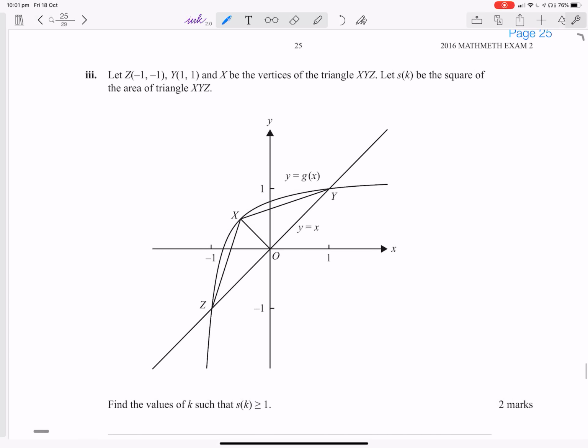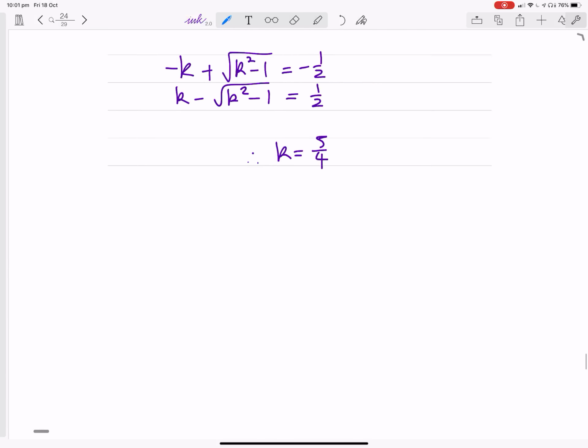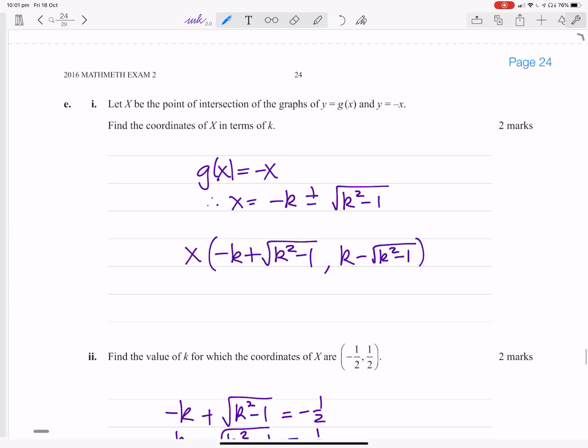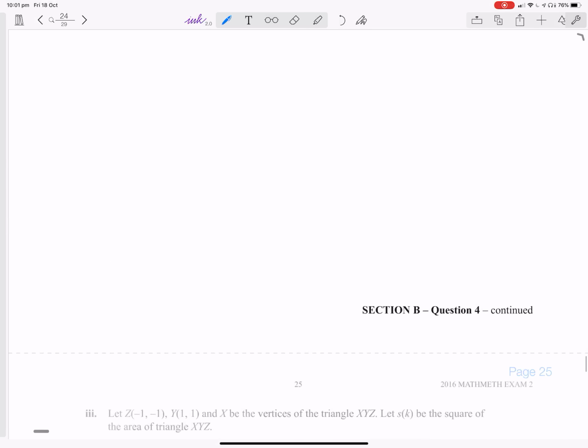X, Y, Z are the vertices of the triangle. Okay, so we know the coordinates of that point, so we can find the distance.